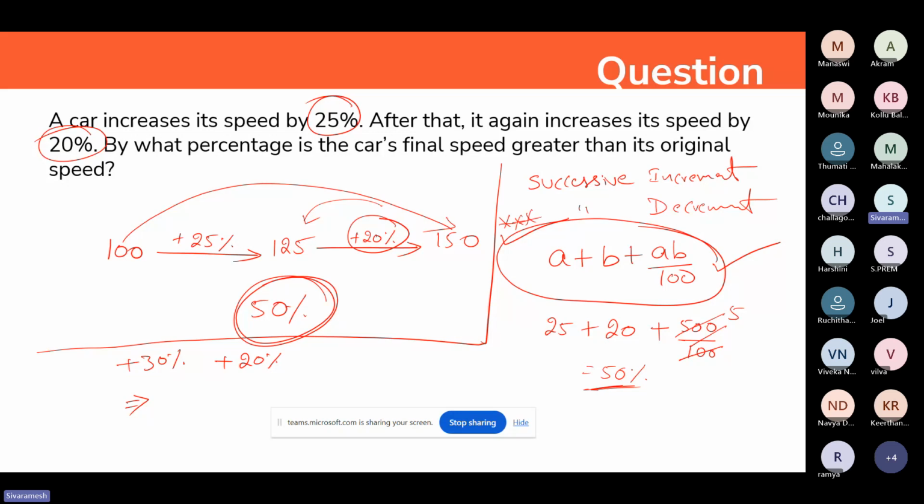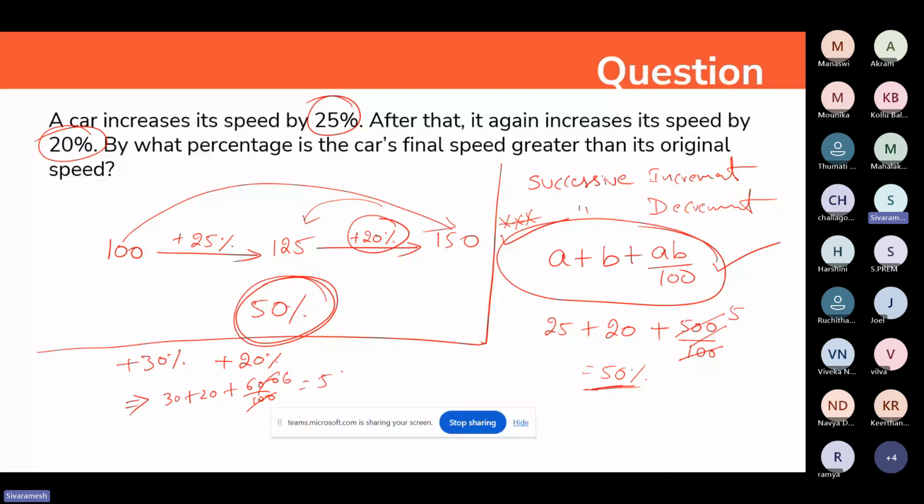No need to consider 100 initially, you can directly apply it in the formula. 56%, yes, very good. 56%, because a plus b plus ab by 100 equals 56%.